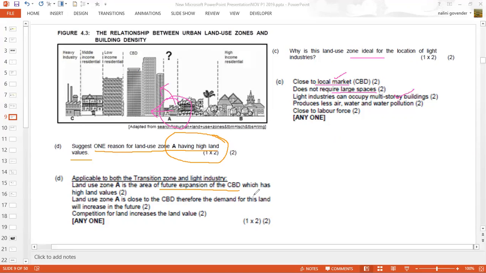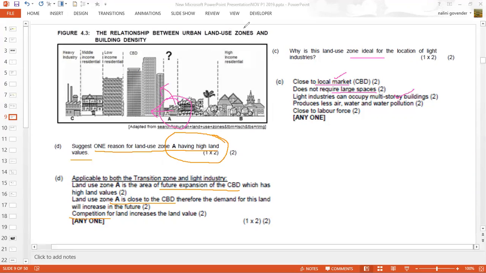The land values are going to be high because this area is close to the CBD. Therefore, as your CBD expands, there's going to be great demand and competition for this land.